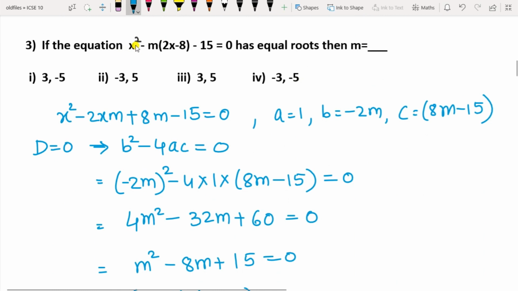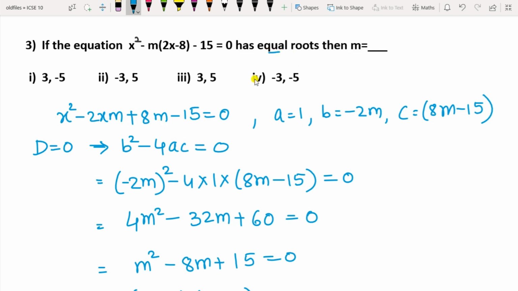If the equation x square minus m times 2x minus 8 minus 15 equal to 0 has equal roots, then m equal to. So first multiply m inside the bracket here. So the equation becomes x square minus 2xm plus 8m minus 15. Now from this equation, coefficient of x square, that is a, is 1. Coefficient of x, that is b, is minus 2m, and the constant is 8m minus 15, that is c.